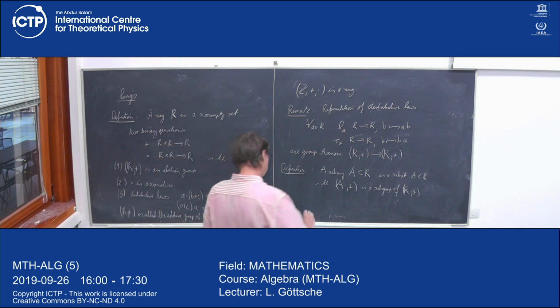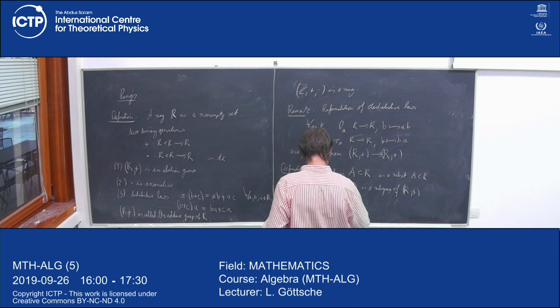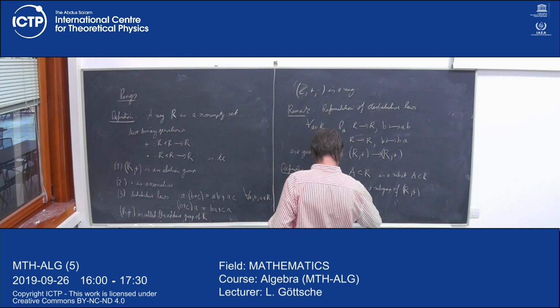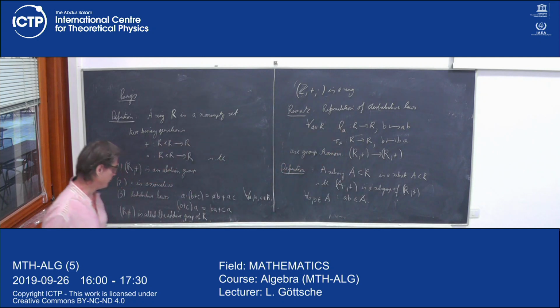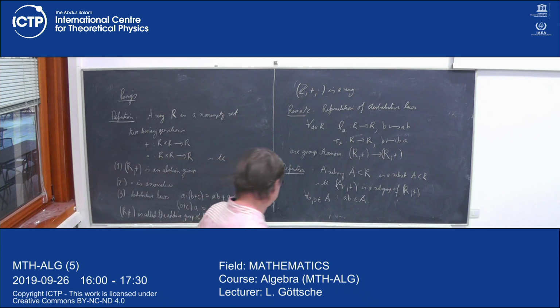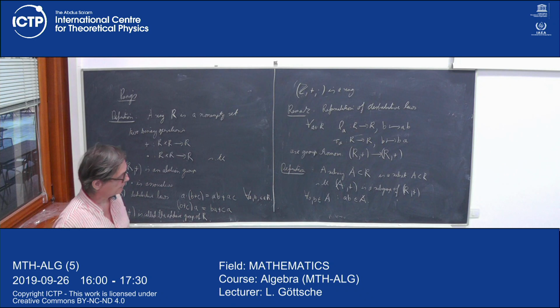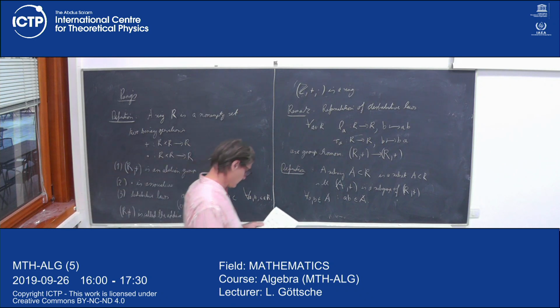So for all a, b in A we have a times b is in A. And obviously then A becomes itself a ring with the induced addition and multiplication.